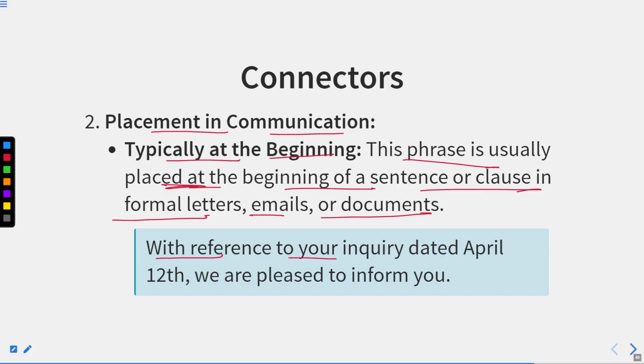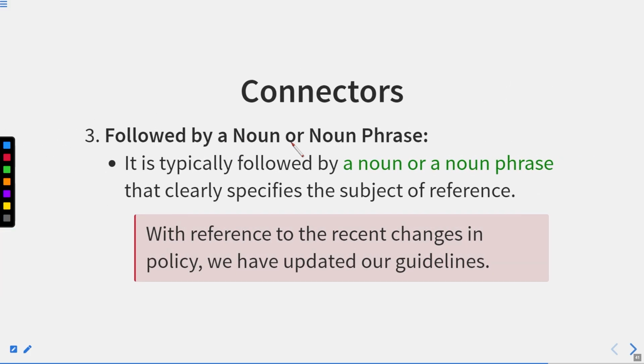For example, with reference to your inquiry dated April 12th, we are pleased to inform you. It means whatever you have inquired about on April 12th, we are happy to provide you information about that particular day, or whatever question you have raised in that inquiry.